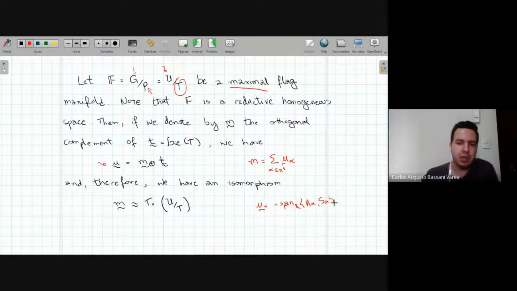Okay, and we also commented that this orthogonal complement will be identified with the tangent space at the origin of the flag manifold.